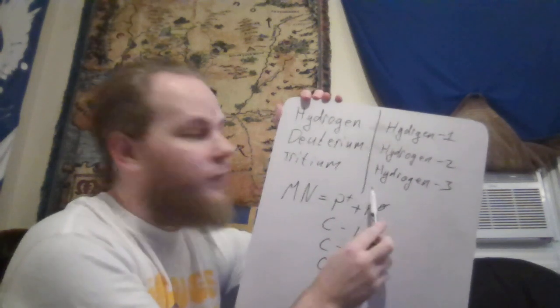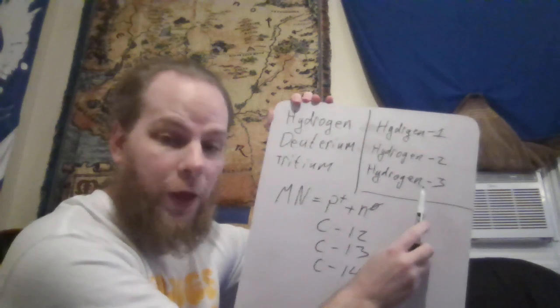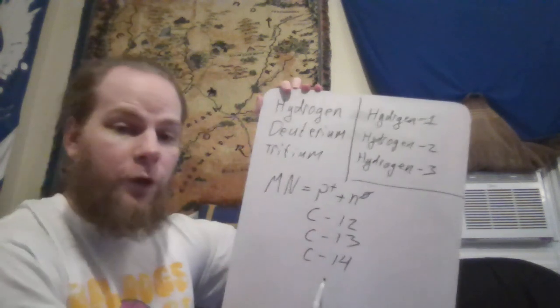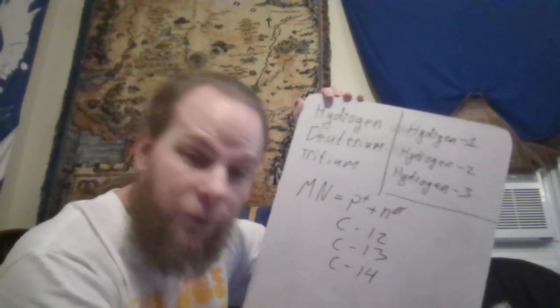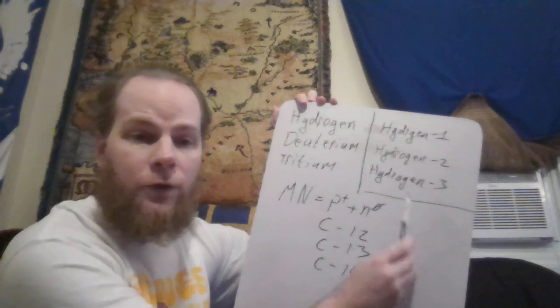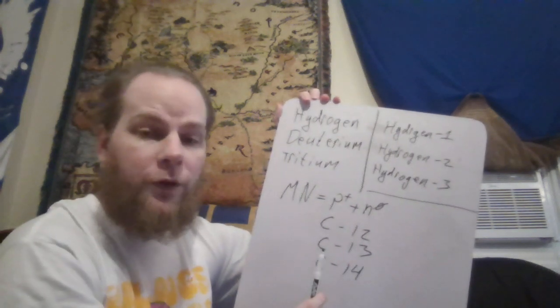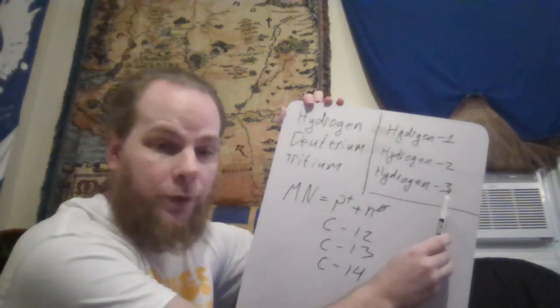That's because these 3 are what's called longhand isotope notation, while these three down here are what's called shorthand isotope notation. The difference is just the beginning part here. Longhand, we use the whole name. In shorthand, we use just the symbol. The numbers are still the mass numbers.